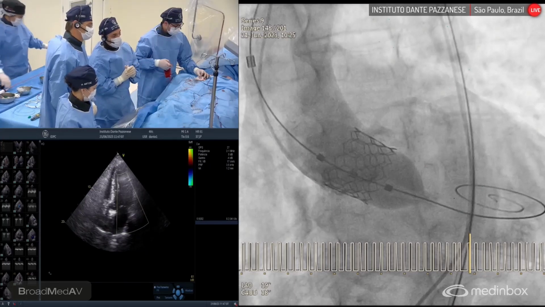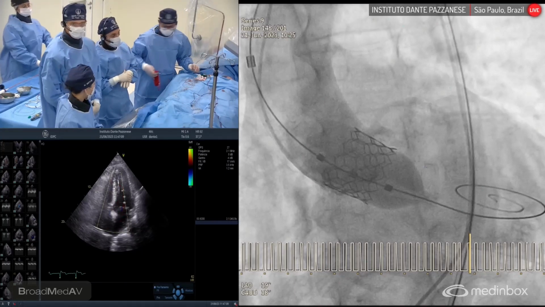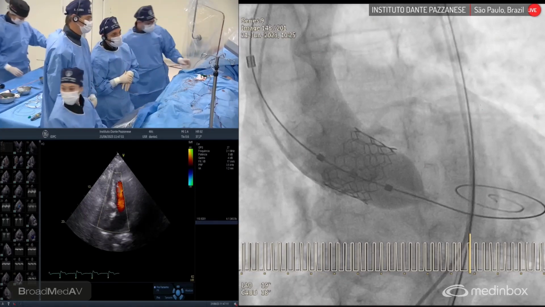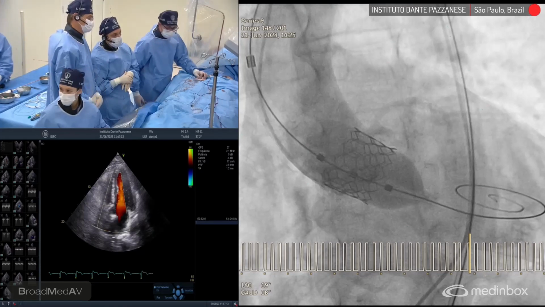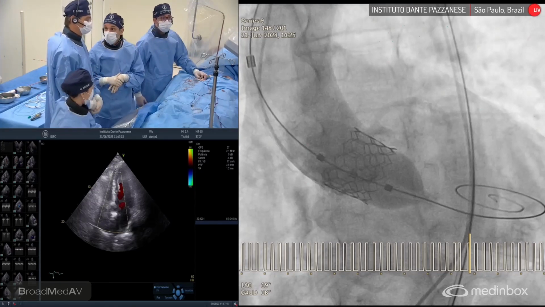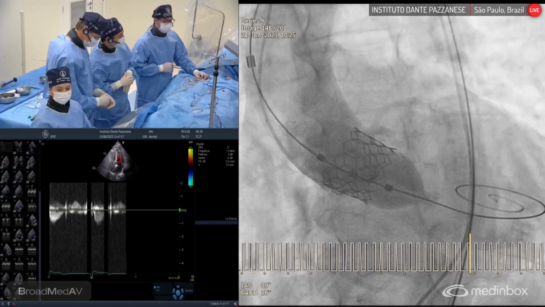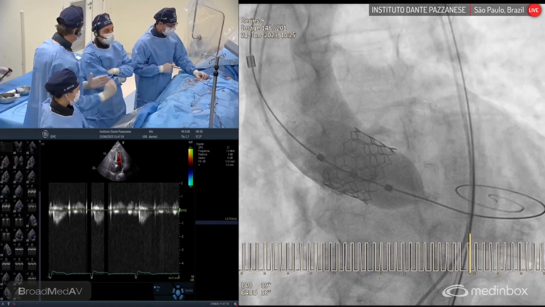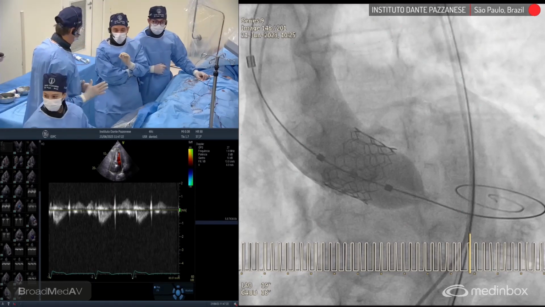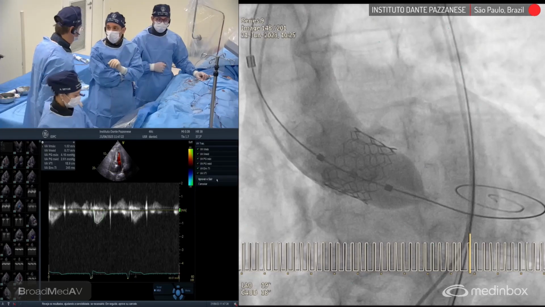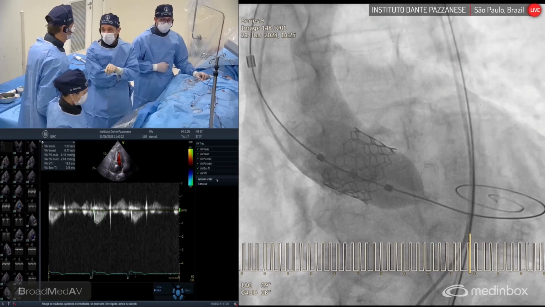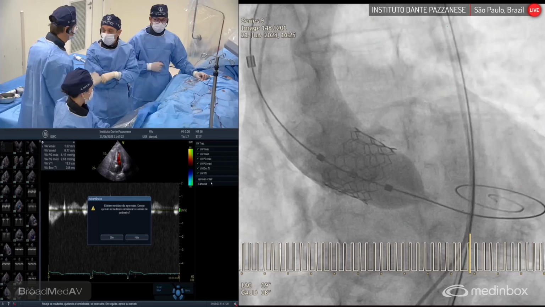We tend to implant the valve a little bit higher also to prevent conduction disturbance, because as we previously said, there is an increased risk of pacemaker need in this patient with a very calcified valve.